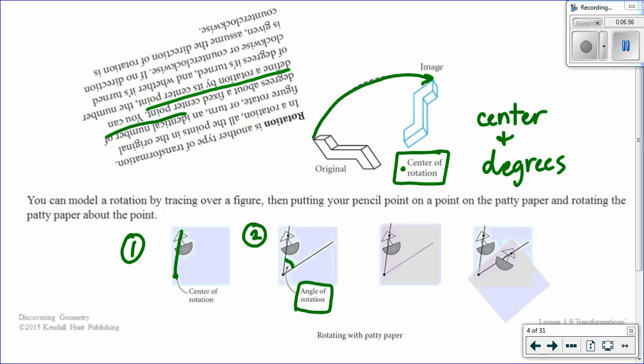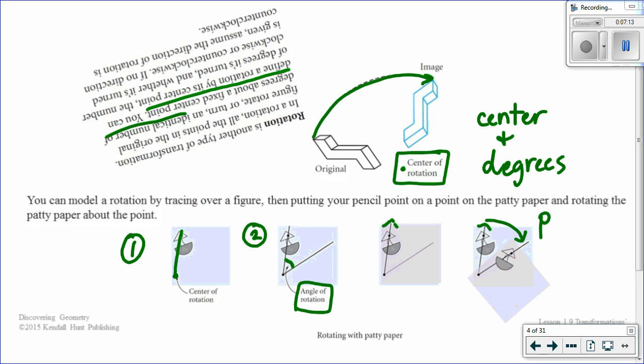I'm just going to think of it as taking that first ray right here and moving it up to that second ray. And my image goes along with it to get my new image.